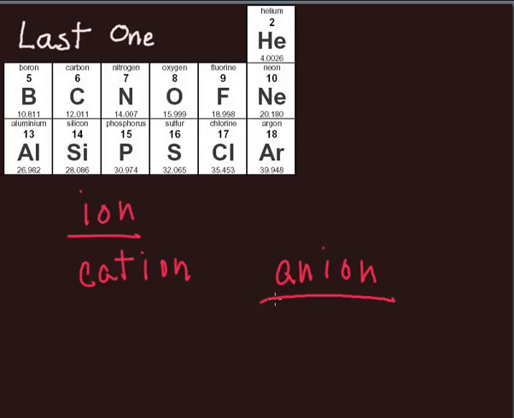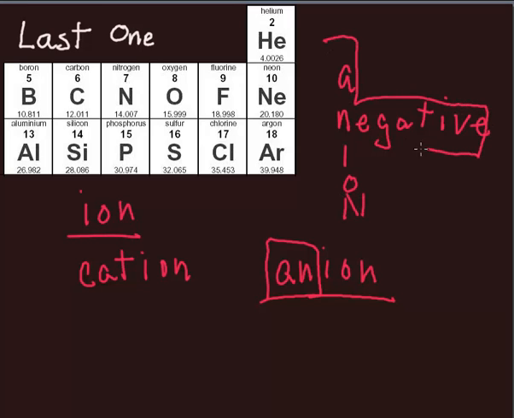You take the "an" and think "a negative ion." So an anion is an ion that has a negative charge. And then the cation would be the positive charge.